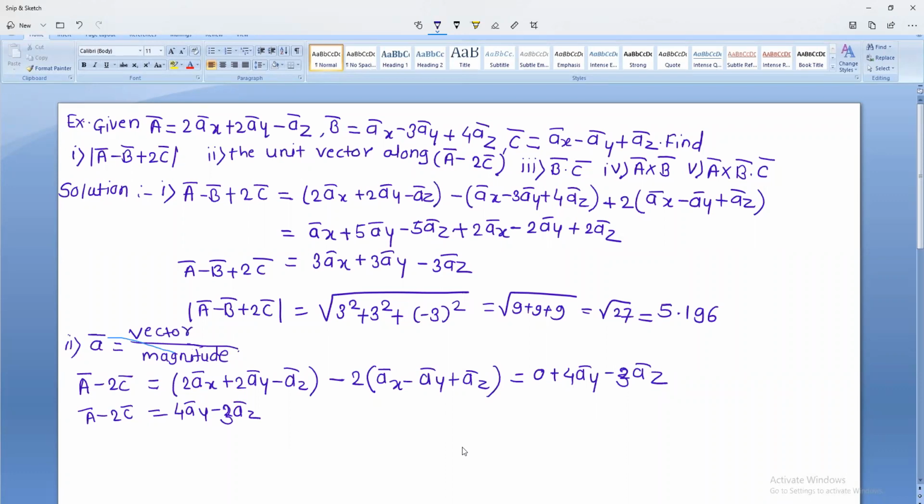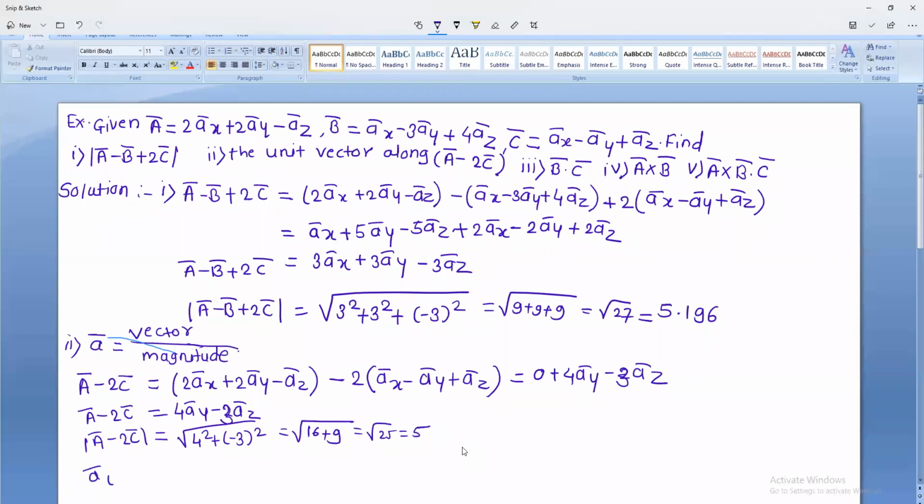Now find the mod of this, a bar minus 2c bar, means its magnitude. So it is equal to square root of 4 square plus -3 square, which is 16 plus 9. So root 25 is equal to 5. Now find the unit vector.